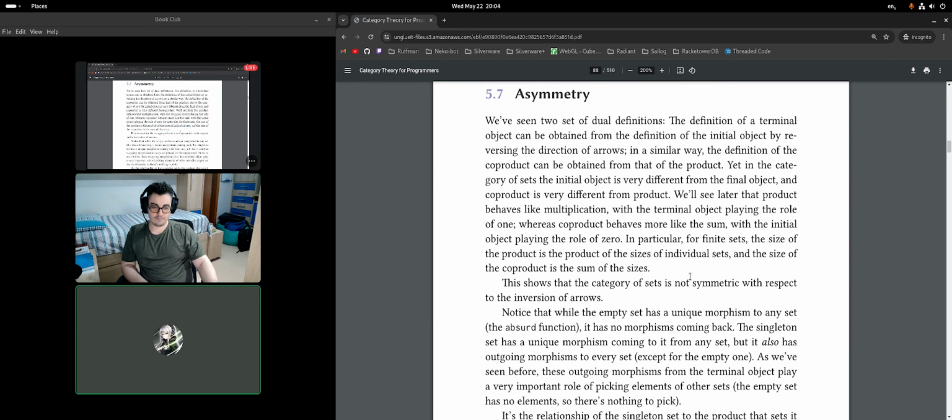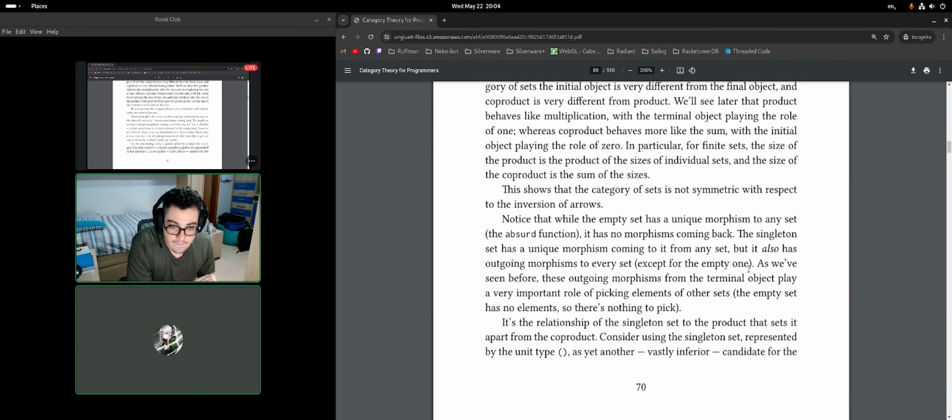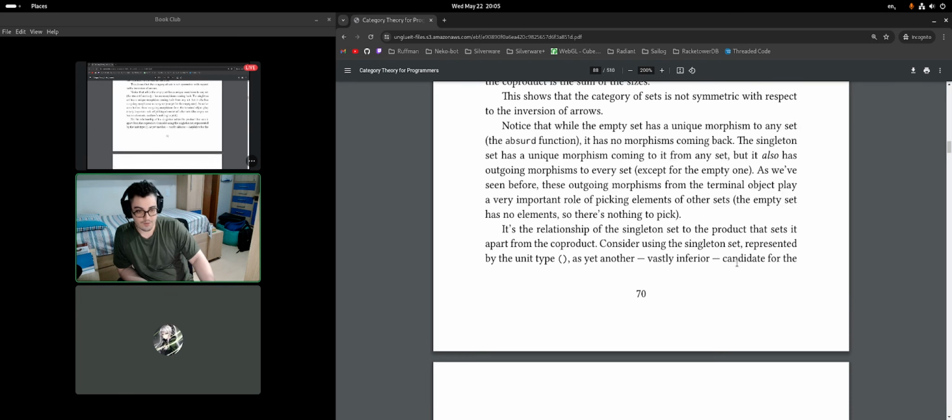And if you're wondering, the number 1 is played by the unit type and the unit value. We saw this before with the initial object and terminal object. For completeness, he talks about this also being the case of initial objects and terminal objects.